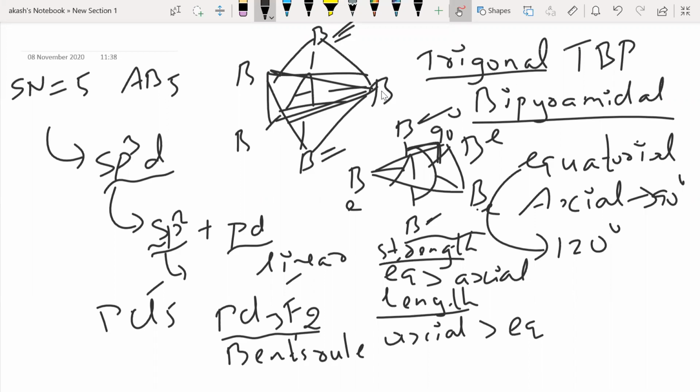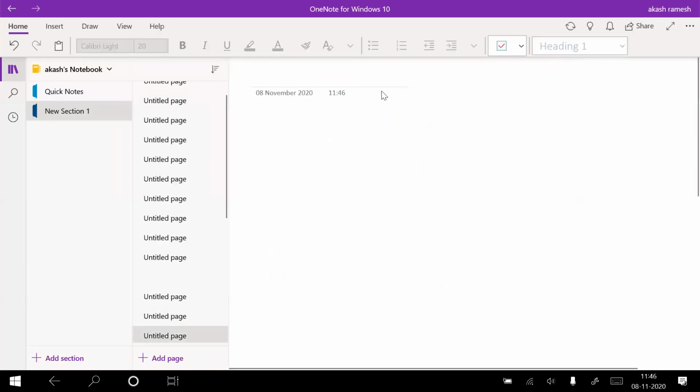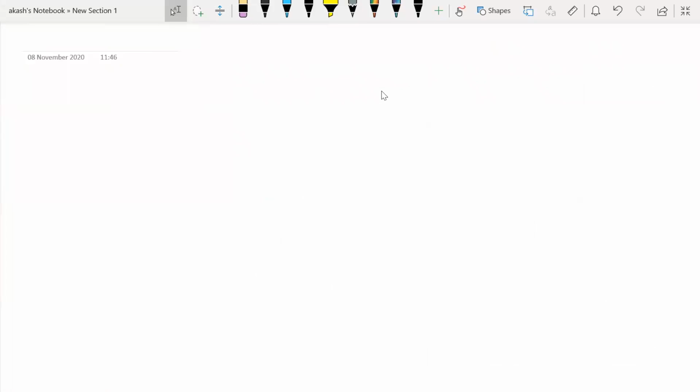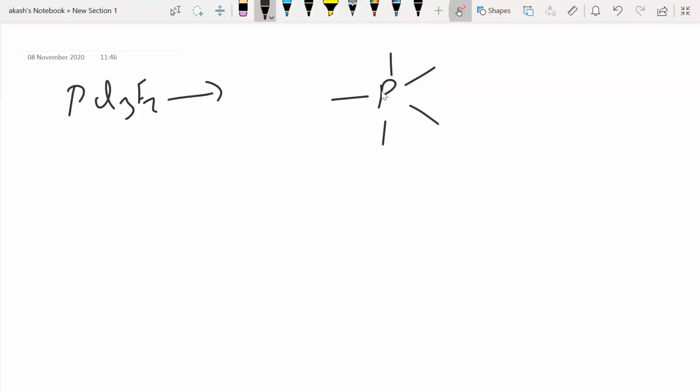So I think you will be able to easily predict the shape now, the geometry now, or whatever it is, right? So if I have PCl3F2, this is how it's going to look. So phosphorus, right? As I told you, the more electronegative element should be placed in the axial position. So the more electronegative element is obviously fluorine.